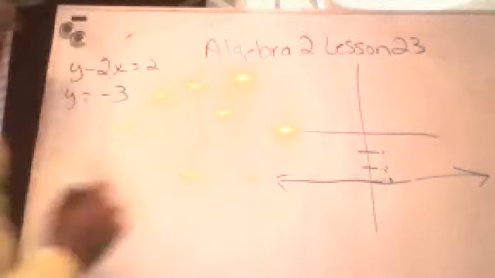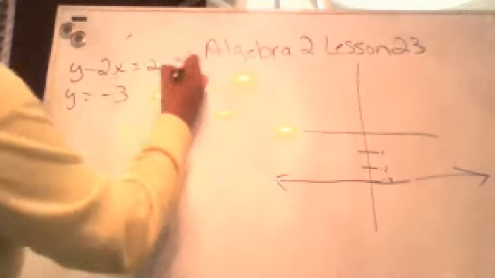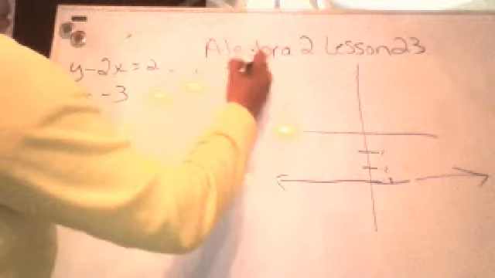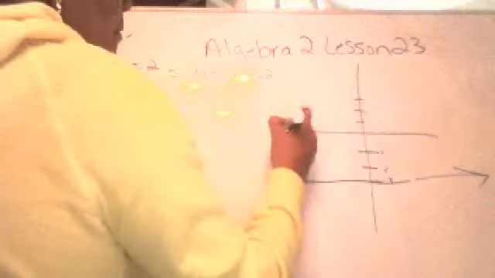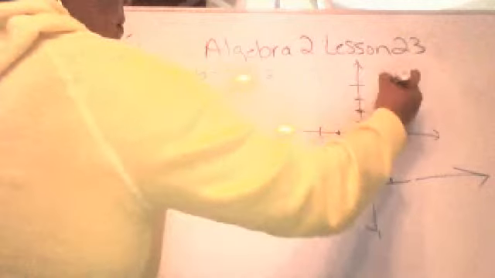Then we have to change this one into slope-intercept form, which becomes y equals 2x plus 2. So we go to 2, and we're going to go down 2 and over 2, and then up 2 and over 2. We keep going.